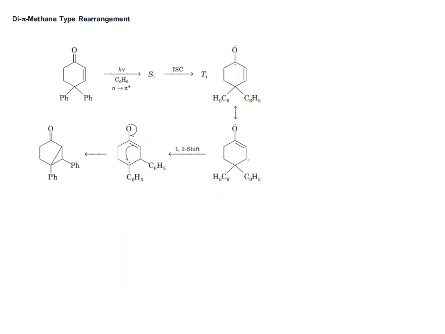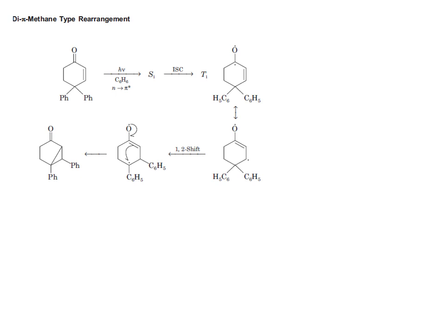Now, if we go for another kind of mechanism, that is the di-pi-methane kind of rearrangement, we can see that this is the aryl substituted cyclohexenone derivative. This reaction is carried out in benzene in the presence of light. So n to pi* excitation happens. It converts to the singlet excited state, followed by intersystem crossing to get the triplet excited state.